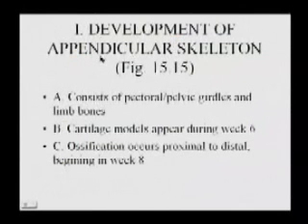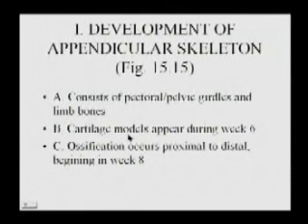So the development of the appendicular skeleton is from chapter 15, figure 15-15, which is what we'll consider. And of course it consists of the two girdles, the pectoral girdle in the shoulder region and the pelvic girdle in the hind limb region. And then there will be the limb bones.